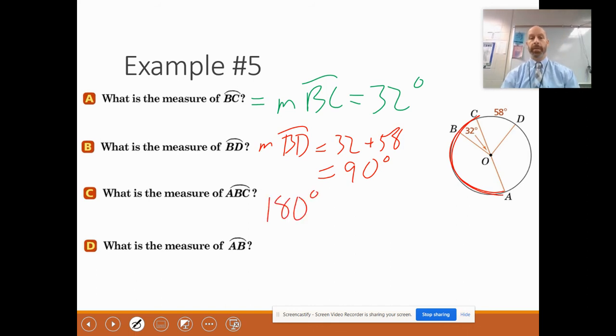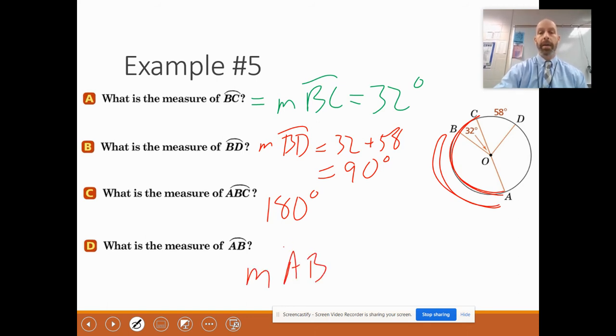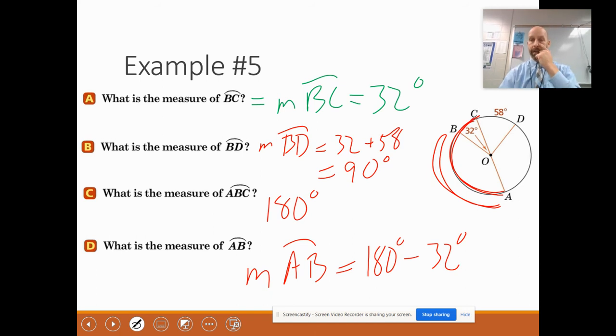And then finally it says, what is the measure of arc AB? Well, the measure of arc AB has to be 180 minus that 32 degrees that we mentioned earlier. So that's got to be 148 degrees. That's the measure of that particular arc.